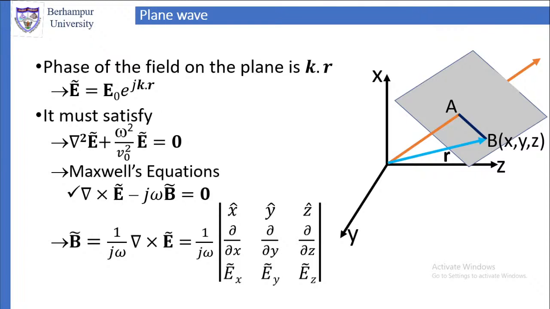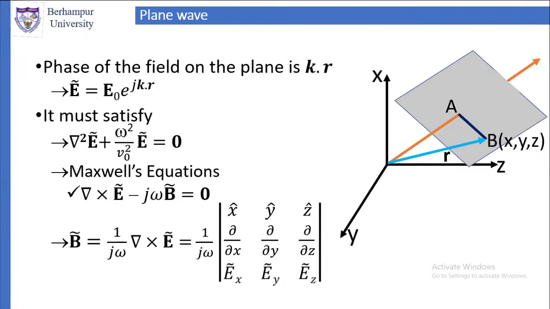Now, from the second equation, Maxwell's equation, which is Faraday's law, we can easily say B tilde is equal to 1 upon j omega into del cross E tilde. Then as you know, if you take two vectors A and B, then A cross B is the determinant of three rows: x cap, y cap, z cap; Ax, Ay, Az; and Bx, By, Bz.